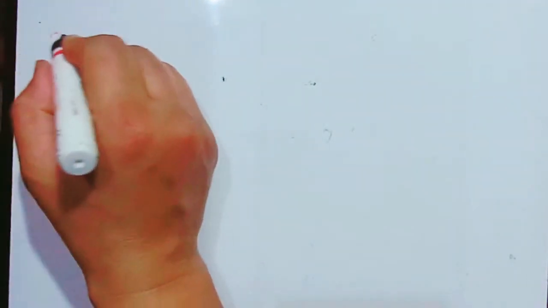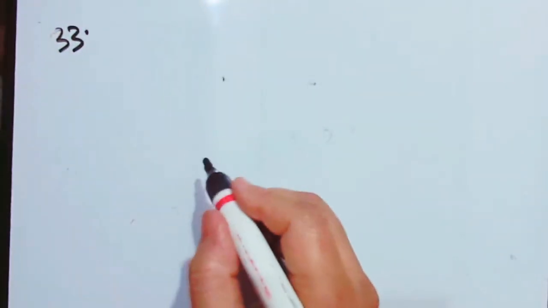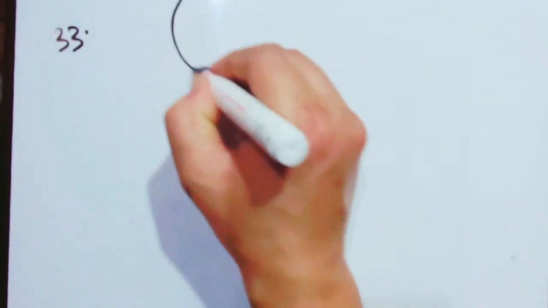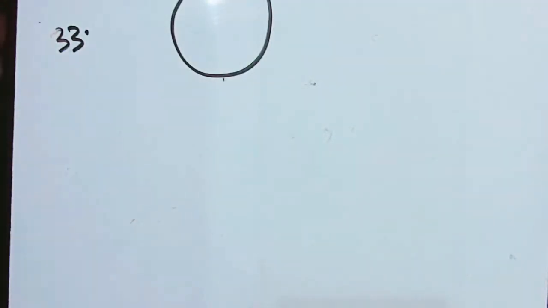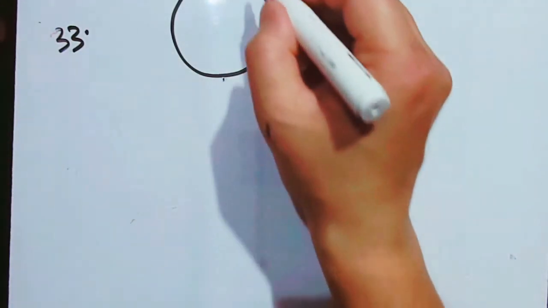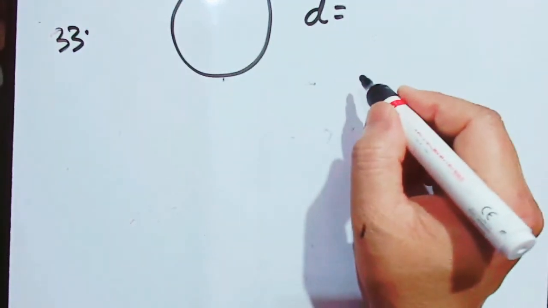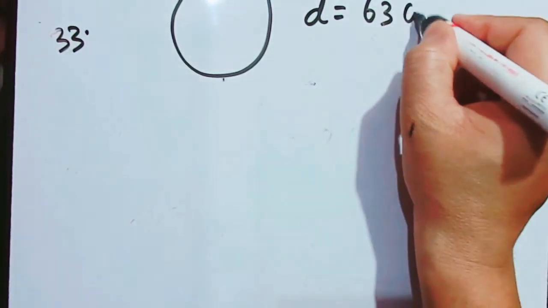Okay, now moving on to the other one, number 32. I hope you can do 32 because it is of the same type as 31. Okay, 33 is important. Why? Because the diameter of a wheel, this is my wheel, you know, this wheel has a diameter of 63 centimeter.